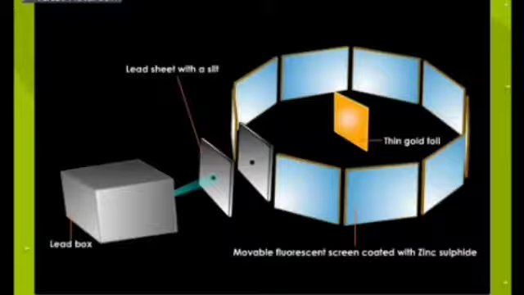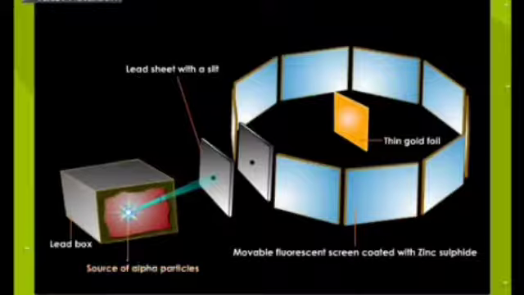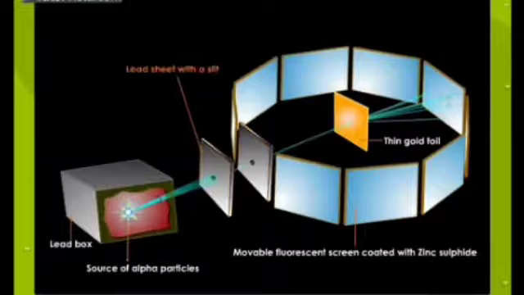Now you can see the arrangement in the lead box. A radioactive source is kept, which is emitting the alpha particles, and generally radium was taken at that time, which is a radioactive substance that spontaneously gives out emissions.